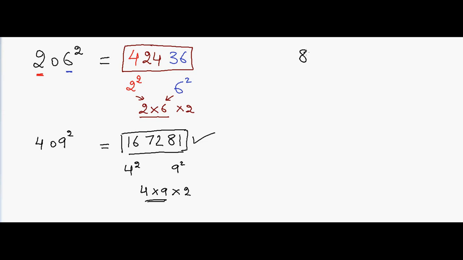Now suppose I have 825 and I want to square this number. This will be a little different, but the approach will be the same. 8 square is 64, and 25 square is 625, right?